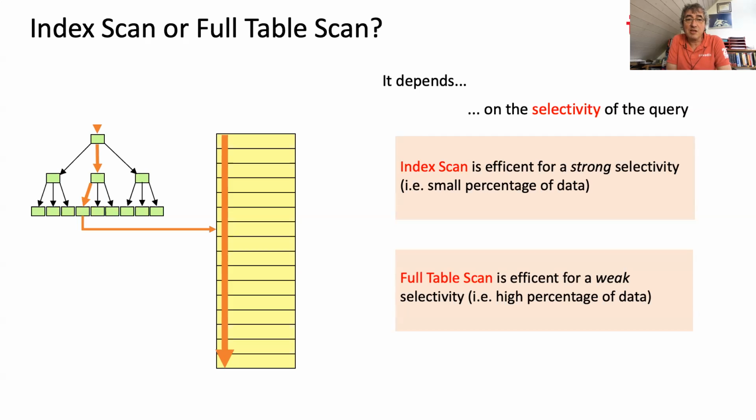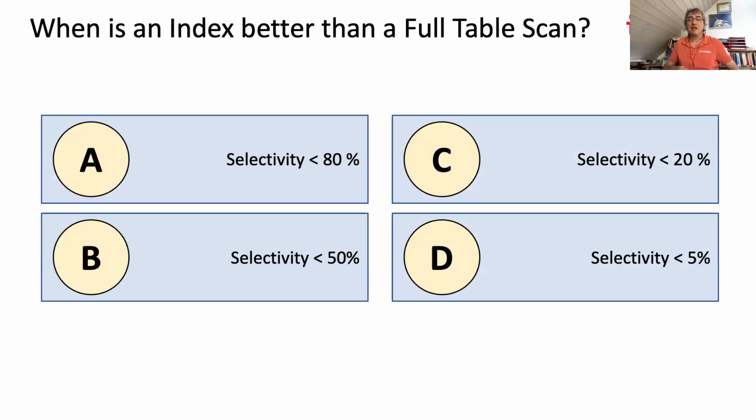Yeah, what means low and what means high, or strong and weak? So there is a percentage where you can decide, okay, when it is less than this, an index is better. When it is more than this, a full table scan is better. And that's one of the questions I usually ask in the performance tuning course.